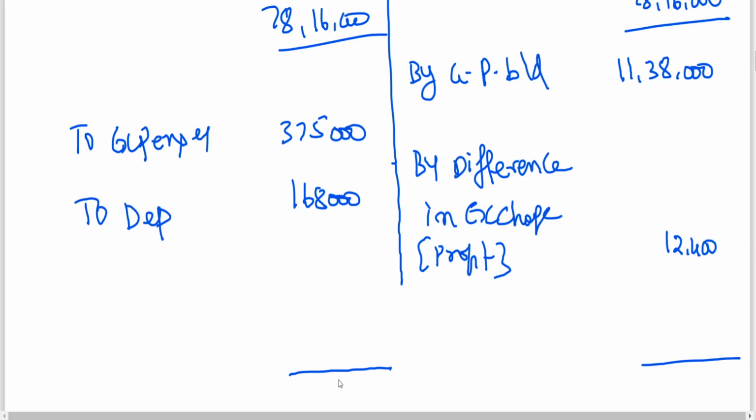Eleven lakhs 38,000 plus 12,400, you'll be getting 11 lakh 50,400.